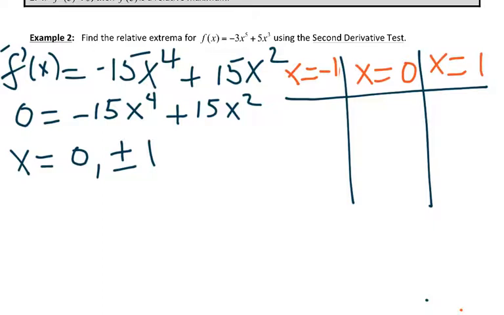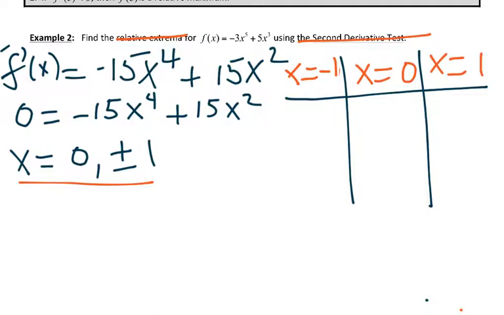For this one, when they ask you to find relative extrema using the second derivative test, instead of setting up the interval like we used to, we actually use the critical values that we just solved for.